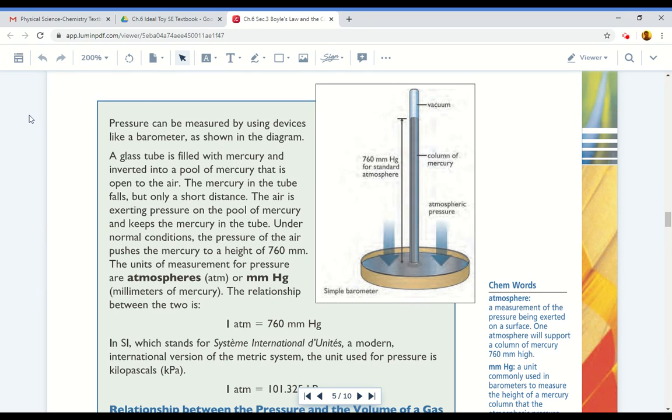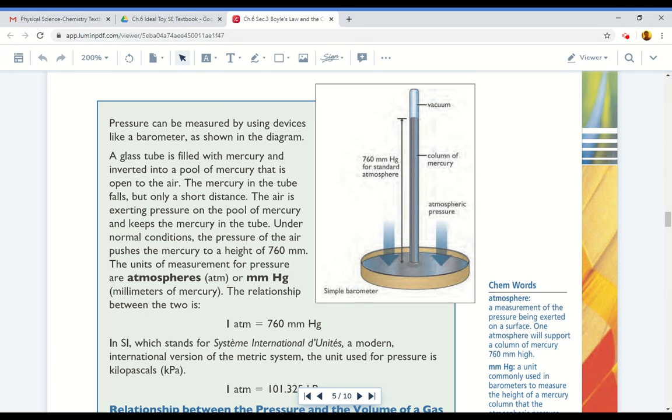Pressure can be measured by using devices like a barometer, as shown in the diagram. A glass tube is filled with mercury and inverted into a pool of mercury that is open to the air. The mercury in the tube falls, but only a short distance. The air is exerting pressure on the pool of mercury and keeps the mercury in the tube.